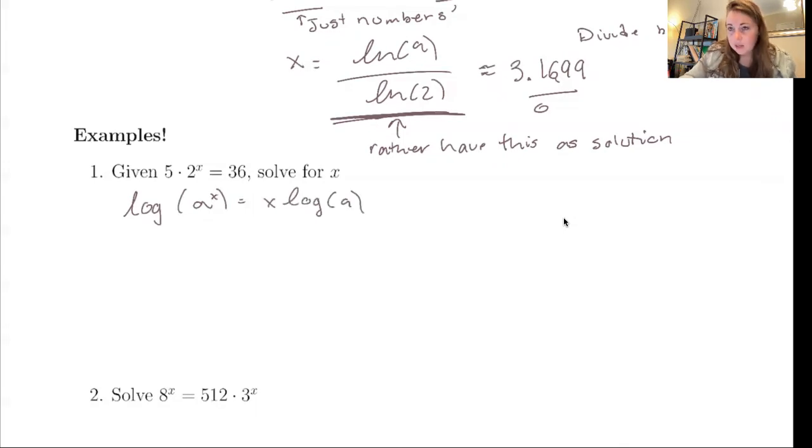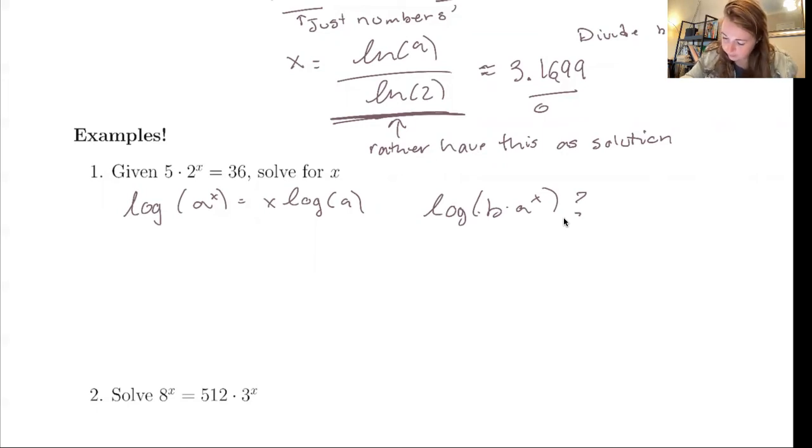It doesn't say anything about log of b times a to the x. But then we know if things are multiplied in here, I could do it. But I think that's a little confusing, in my opinion. There's lots of ways to do it.